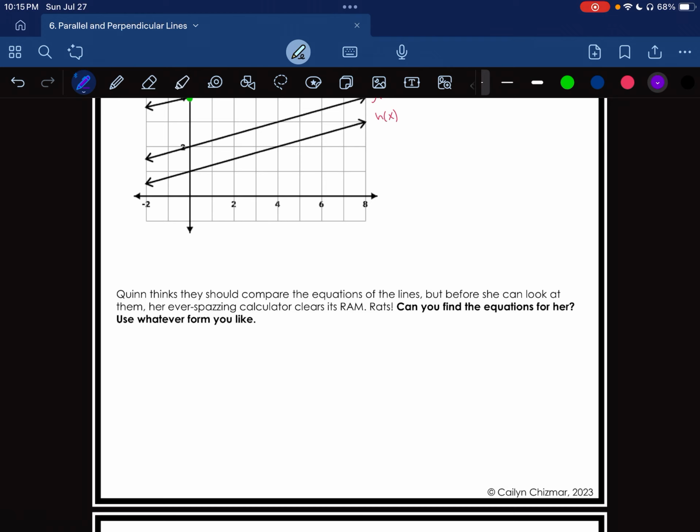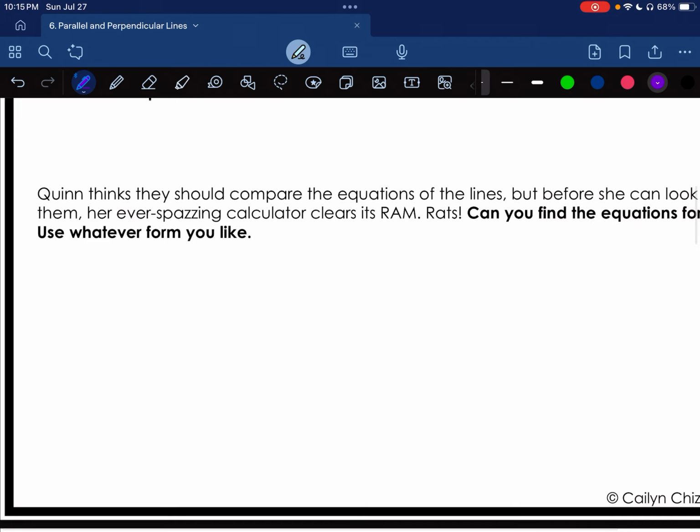So its equation will look like f of x is equal to 1/5 x plus 4. Okie dokie.